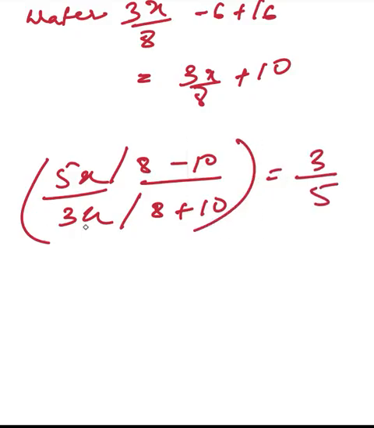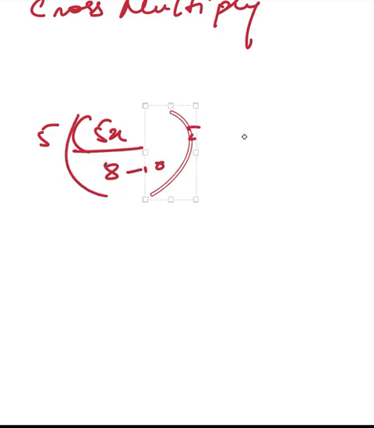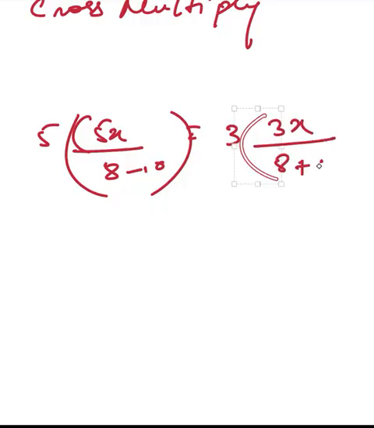Okay, now cross multiply. So after cross multiplication it will be x equals 40. Okay, so that much we have got.